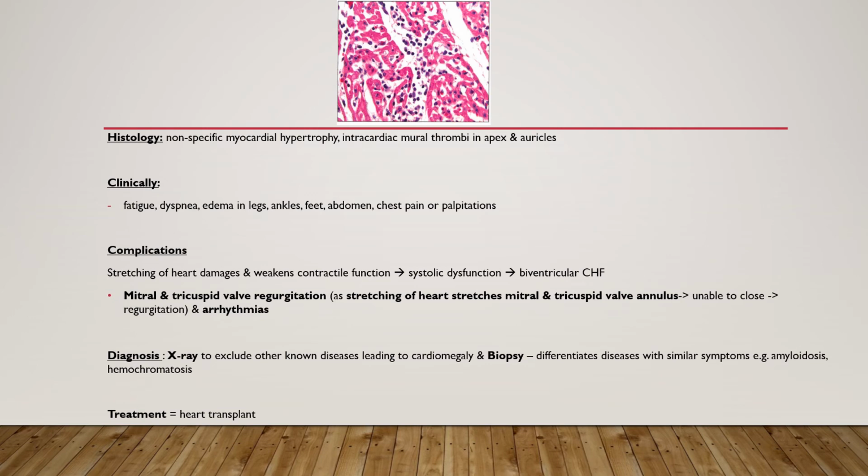Histologically, we will see non-specific hypertrophy as well as mural thrombi within the apex and auricles. Clinically, patients will have dyspnea, fatigue, edema within their legs, ankles, feet, and chest pain.